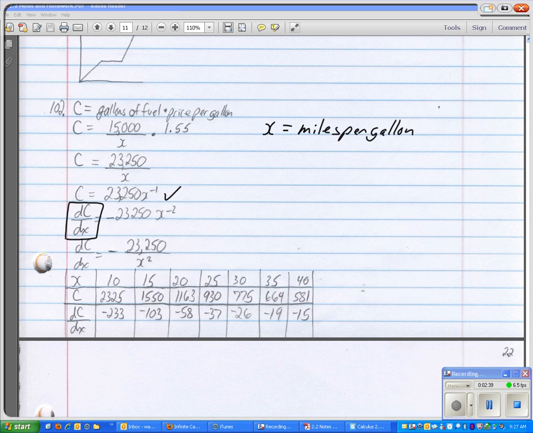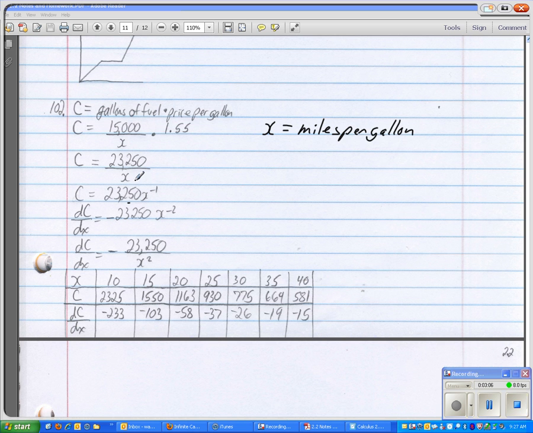Usually we would say dy/dx, but this one's dC/dx because we're calling our function C instead of y. So I multiply the exponent times the coefficient, so I get negative 23,250 X, and then subtract 1 from the original exponent, so negative 1 minus 1 is negative 2.